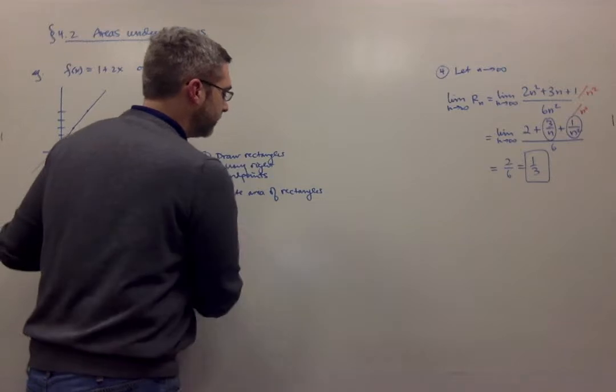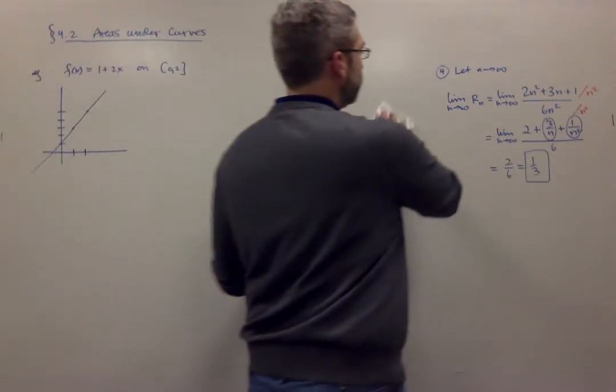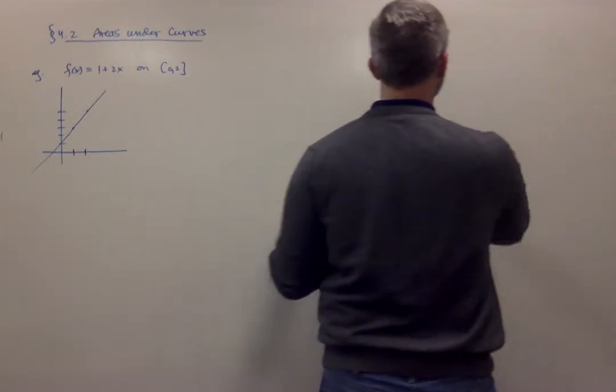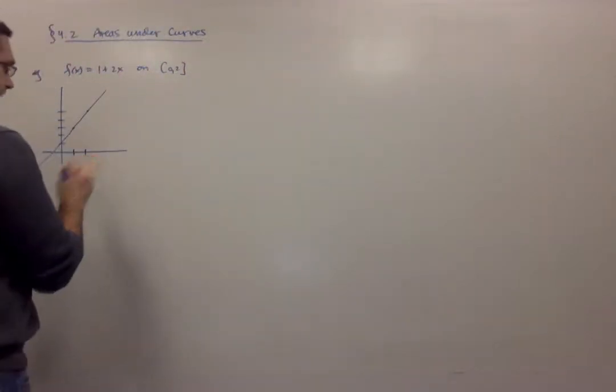Let's try it with our rectangle method and see what happens. Now, we could do some approximations here, right? We could, for instance, use one rectangle.